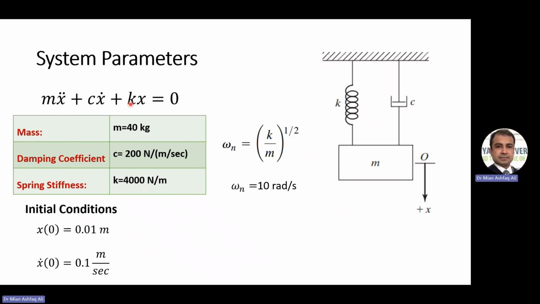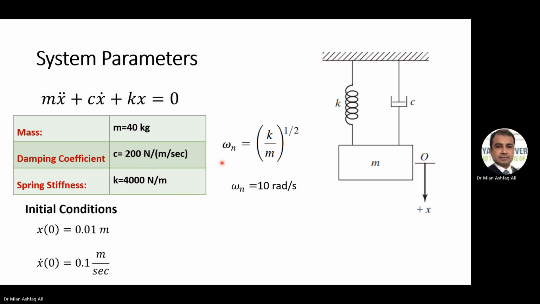We want to simulate the system, and you can use this formula and you will find out that the system natural frequency is 10 radian per second, and the simulation will be carried out for those two initial conditions where the initial position is 0.1 meter and the initial velocity is 0.1 meter per second.